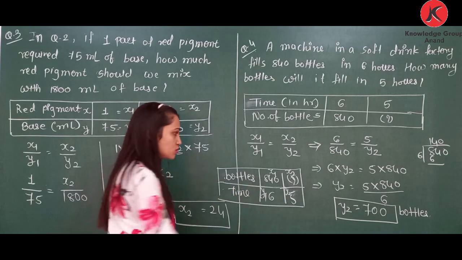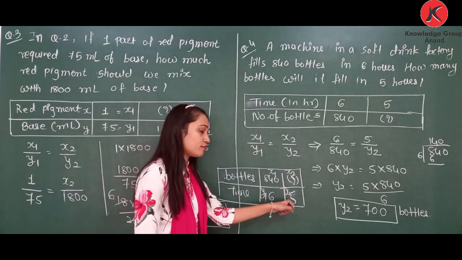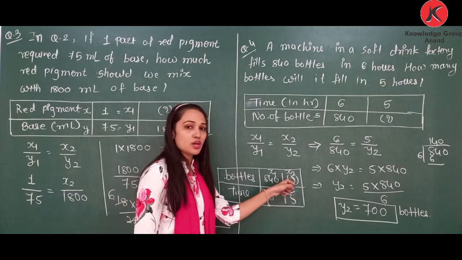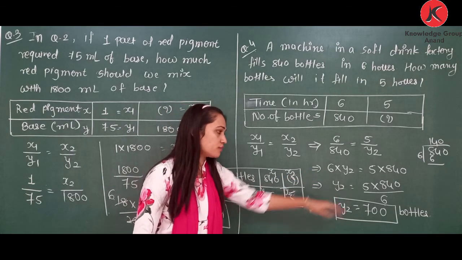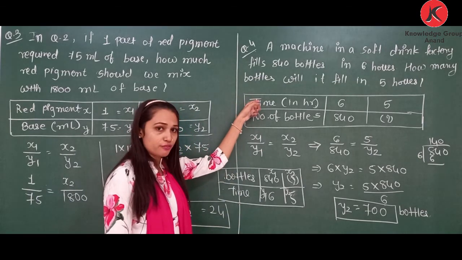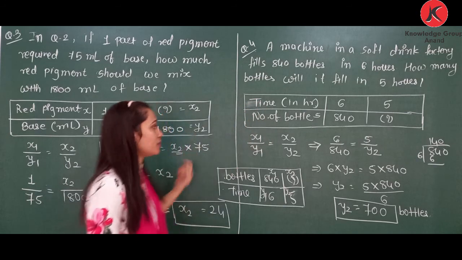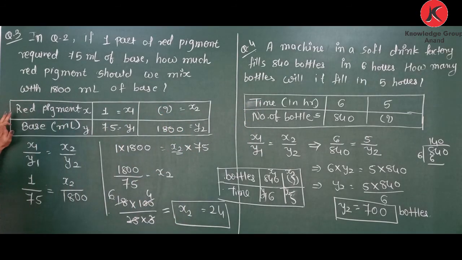If you solve this, you will get x1 divided by y1, x2 divided by y2. Then you need to find x2, and it will give the same answer of 700. So it does not matter whether you write time first and then number of bottles, or number of bottles first and time after. Same in the previous example. If you write base first, base as x1, x2, and red pigment as y1, y2, then it also gives the same answer, 24.